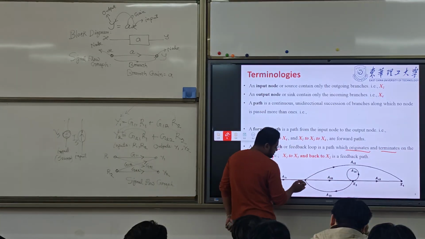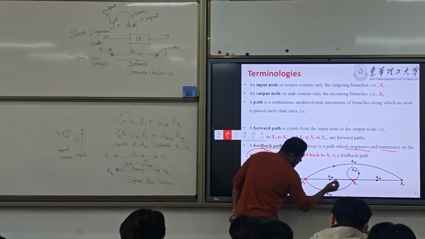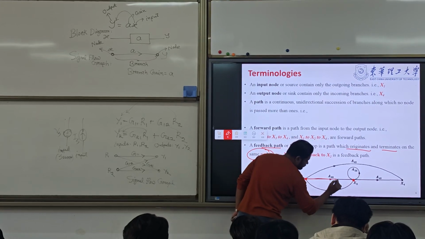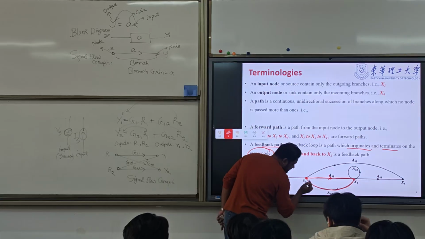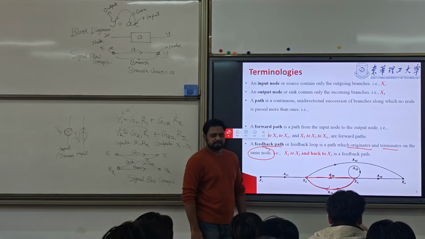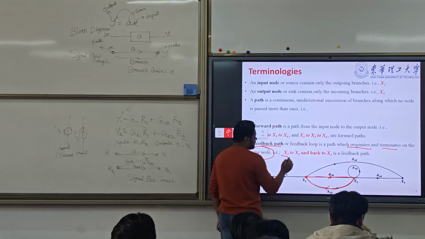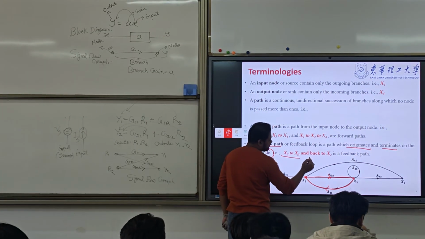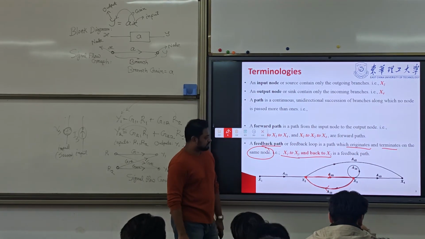So here, look at this. It is going forward direction, then it is going backward direction. It is a feedback path, right? So here x2, x3 and x2, that is a feedback path.